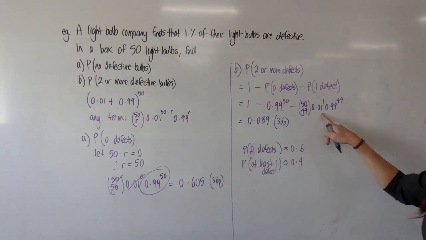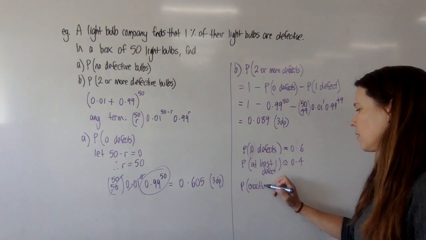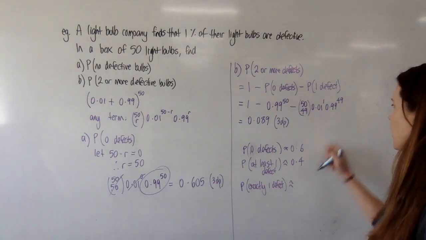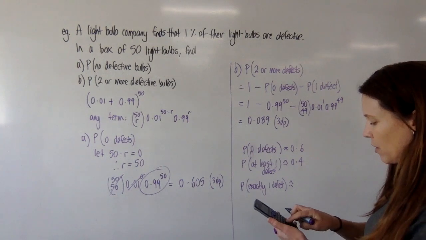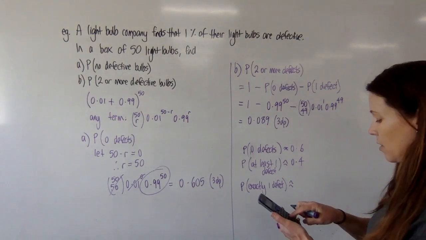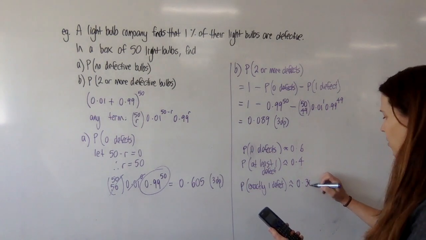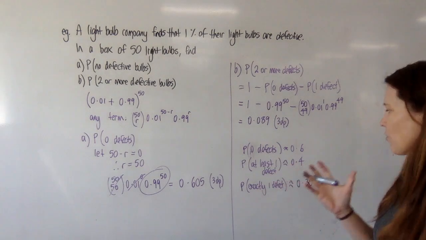So then what's the chance of getting exactly one defect? That would be just this part of the calculation here, which is 50 times 0.01 times 0.99 to the power of 49. That gives me 0.305.